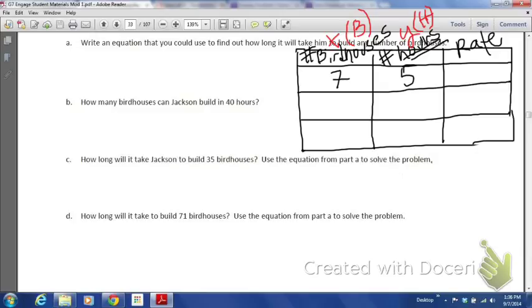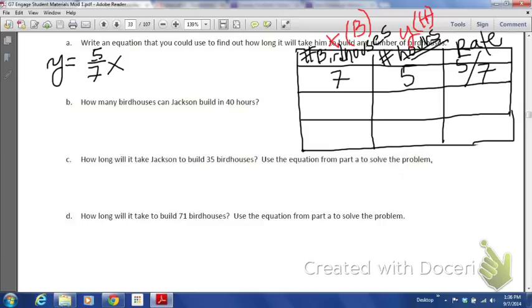Okay, so if we go ahead and write an equation, as part A asks us, for how long it will take to build any number of houses, we could write it this way: y equals. Now remember, y is a function of x, so the rate is going to be 5 over 7. So y equals 5/7 x.